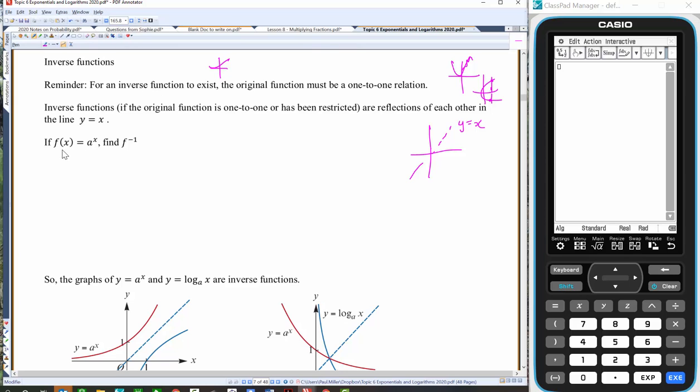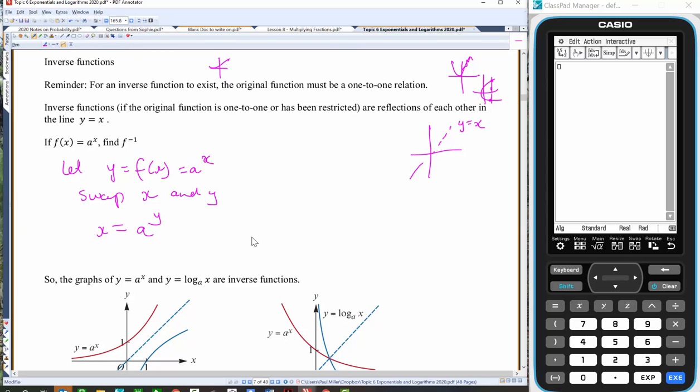So here's a function, f(x) equals a to the x, and we want to find its inverse. All right, so we're going to say let y equal f(x) equals a to the x. And for the inverse, what we're going to do is swap x and y. So we're going to say x is equal to a to the y.